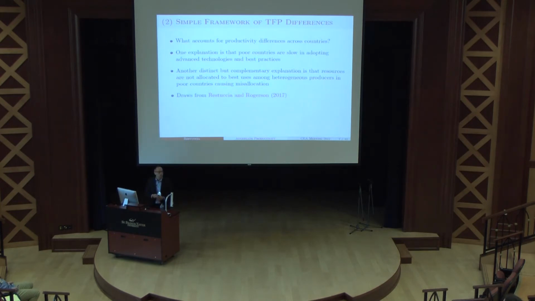I'm going to draw on the simple framework that I'm going to describe to you. It draws from a recent article I wrote with Richard Rogerson that is going to come out in the Journal of Economic Perspectives, and it's a background reading for my talk today.